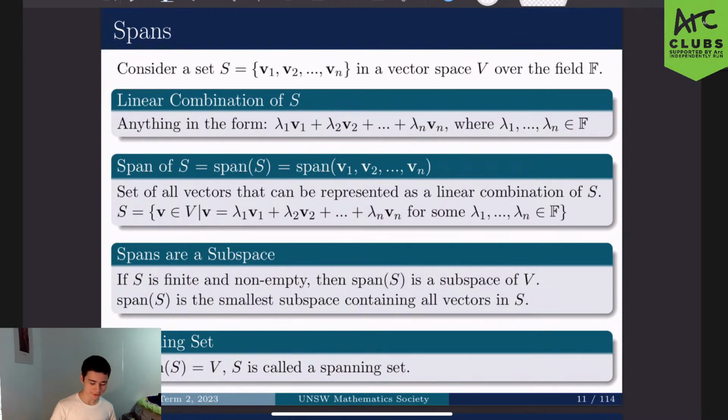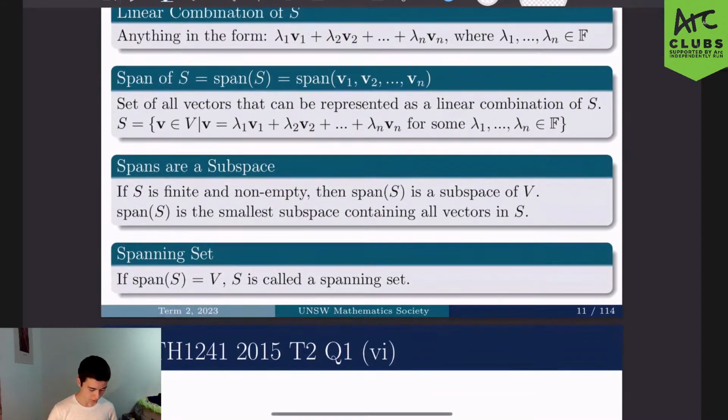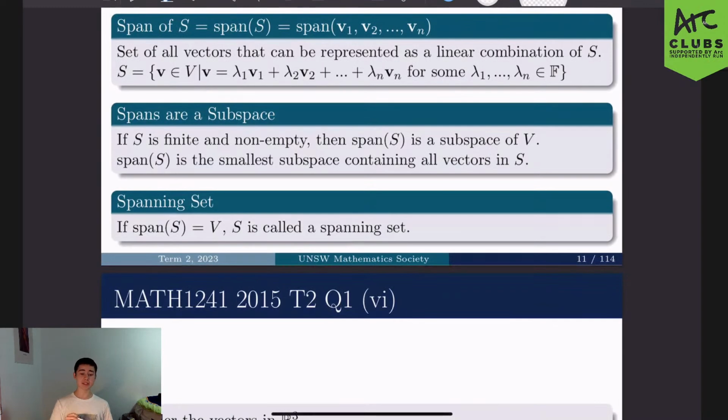So, anything of the form lambda1 v1 plus lambda2 v2, and so on, till your nth vector, the sum of those is your linear combinations. Your linear combinations form your span. Another thing to note is that spans are subspaces because they're attached to arbitrary multiples, lambda1 and so on, which can be any value.